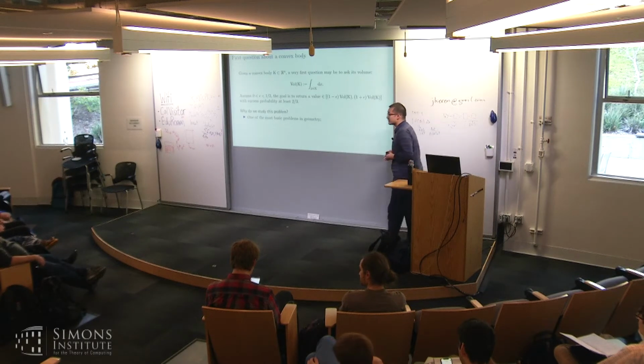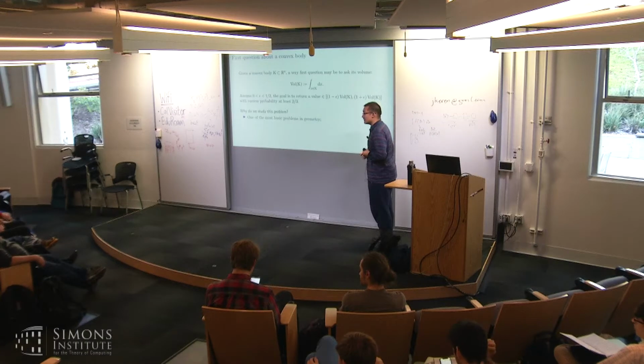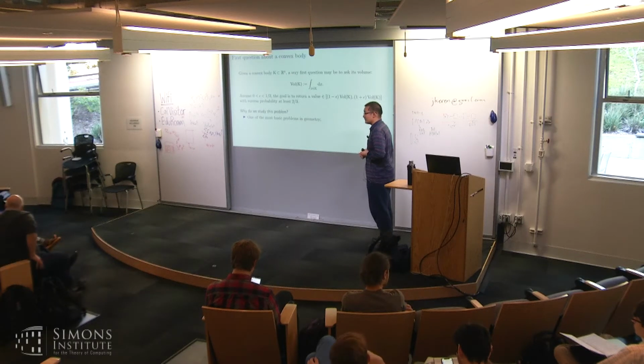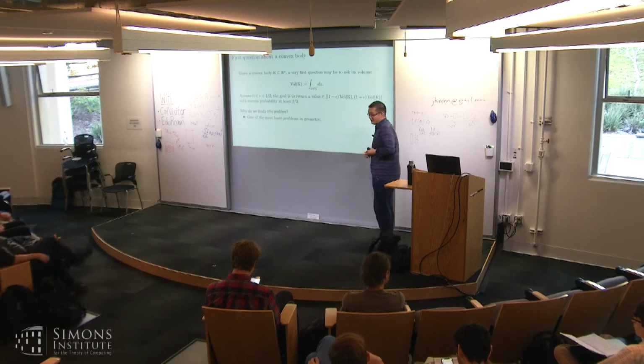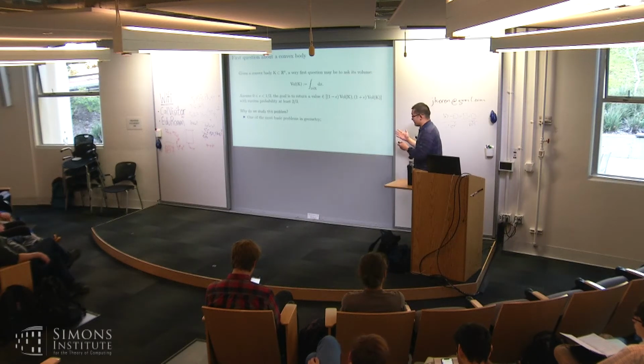Yes? You said the membership oracle, you submit a vector x in R^n and it tells you whether it's inside the body or outside. But this is a vector of real numbers. What should I think of, just all the entries having some constant precision? Oh, yes, you can just imagine the x here to be represented as floating-point numbers, and I think they have maybe 64 bits, something like that.